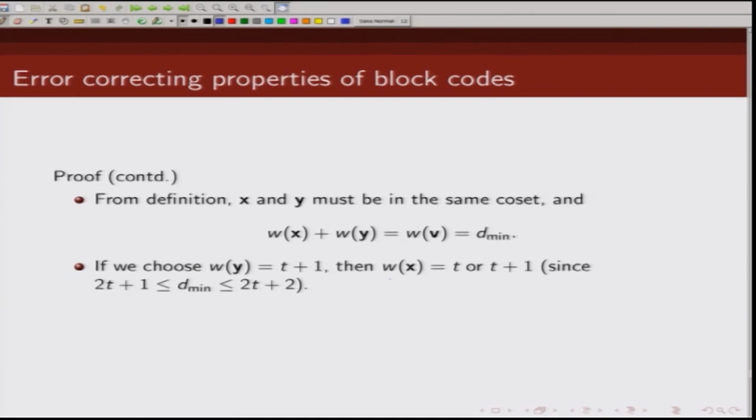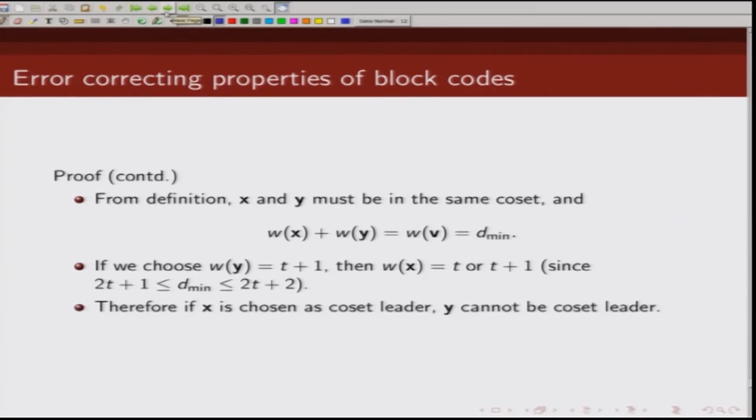So, from this, and using the fact that d min lies between 2t plus 1 and 2t plus 2, what we get is that the weight of x can be t or t plus 1.